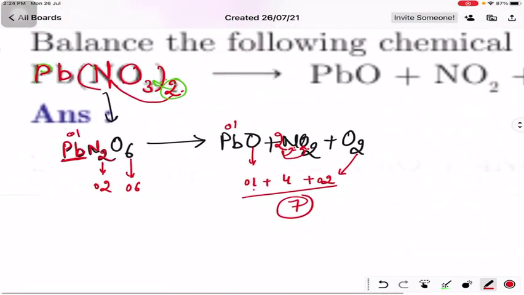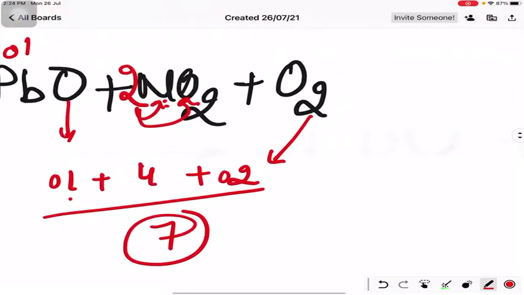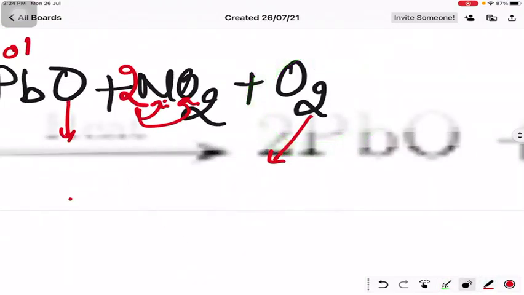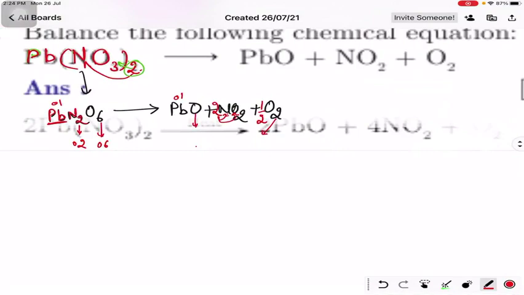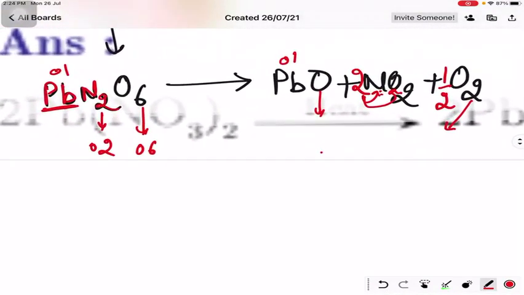So what can we do? We can take a fraction of this oxygen. Multiply this factor by 1 by 2. When we multiply this oxygen by 1 by 2, we will be getting the required balanced equation. But this is not accepted, as this contains a fractional value. So just take LCM for this.